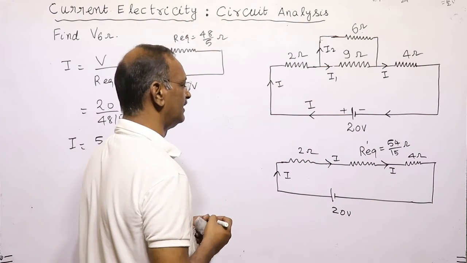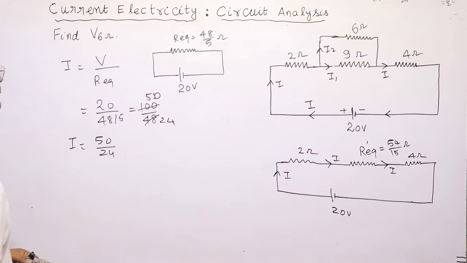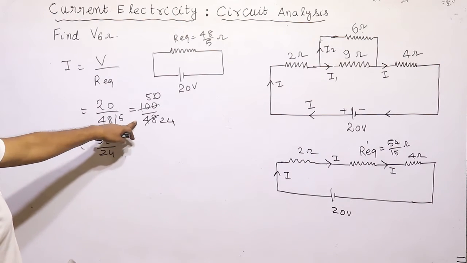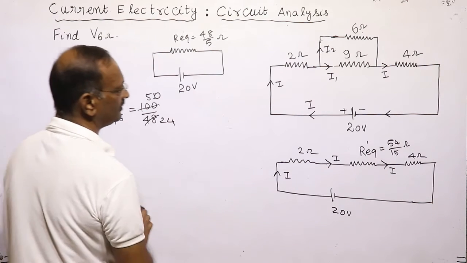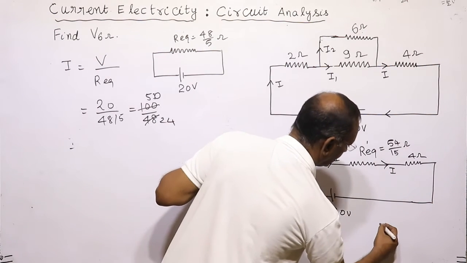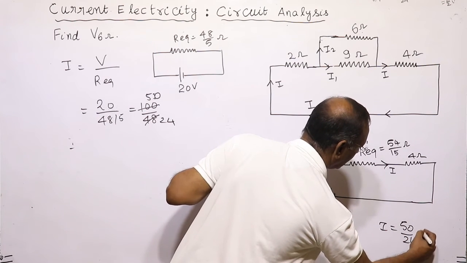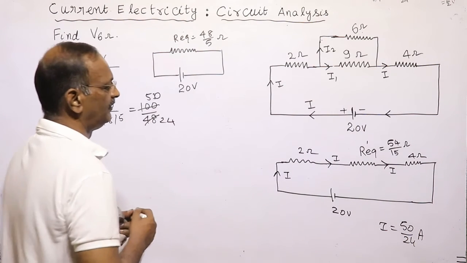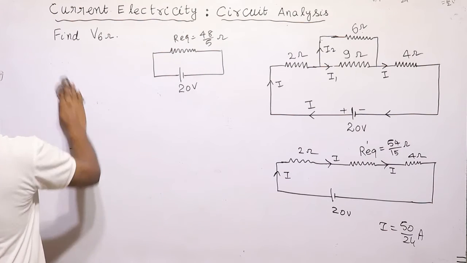In series circuit, current is same. In parallel circuit, current is divided. So we have written 100 by 48 is equal to, divide by 2, 50 by 24. I is equal to 50 by 24 ampere. We should not forget the unit.